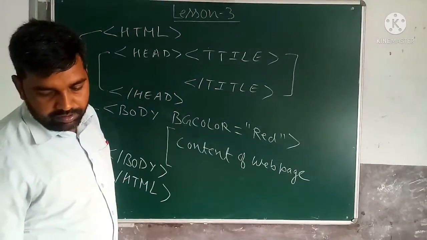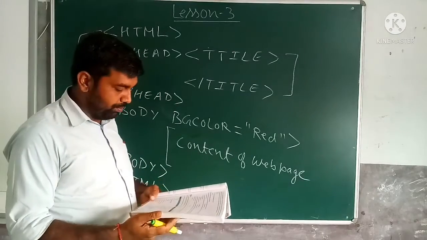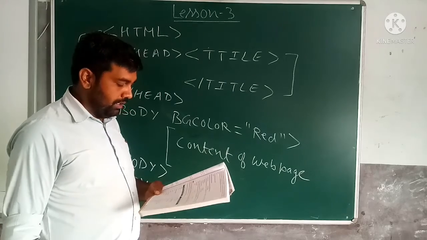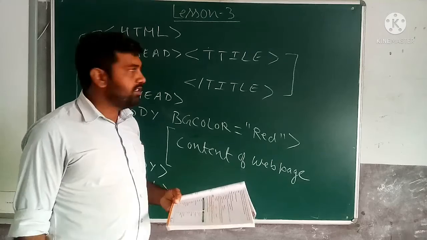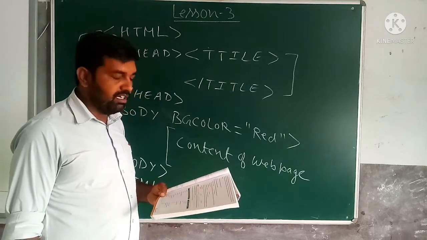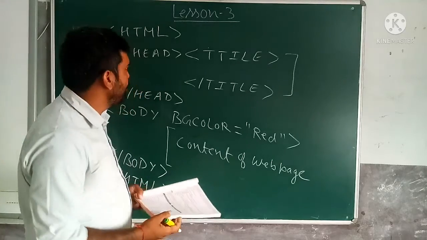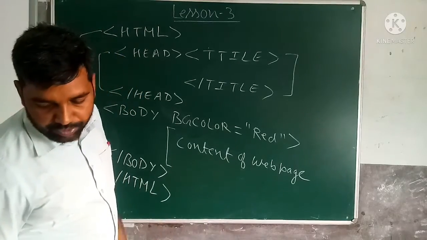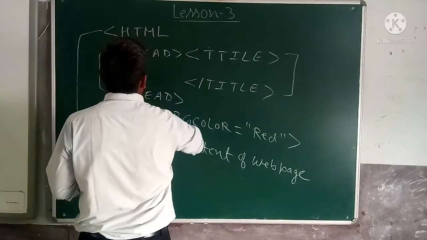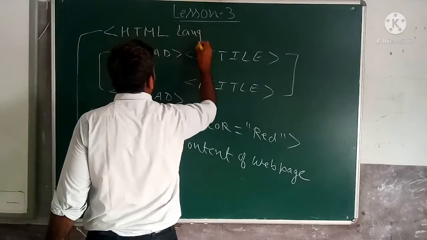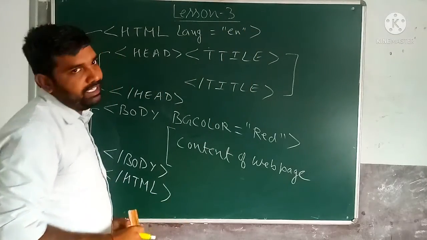As you can see in your book, page number 73, the document structure is given in versions HTML 4.0 and HTML 5.0. In HTML version 5.0 you find one structure is the document type, the doctype HTML, which specifies the version of HTML, and lang equals en. So lang is an attribute for HTML. HTML lang equals en means you are going to write the HTML code in English.